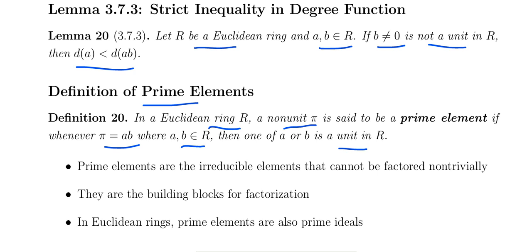It looks like a prime number. When you express a composite number as a times b, in the two-term expression, one of them is a unit, then that is called the prime element.